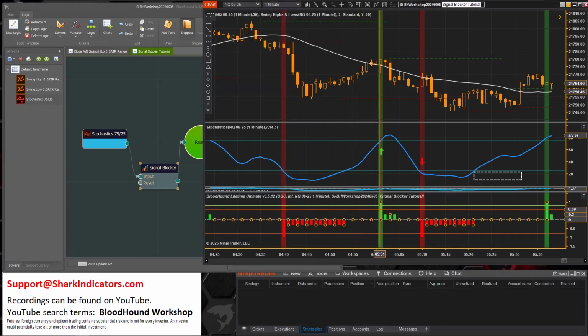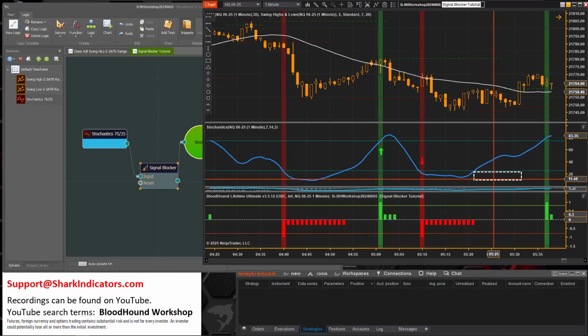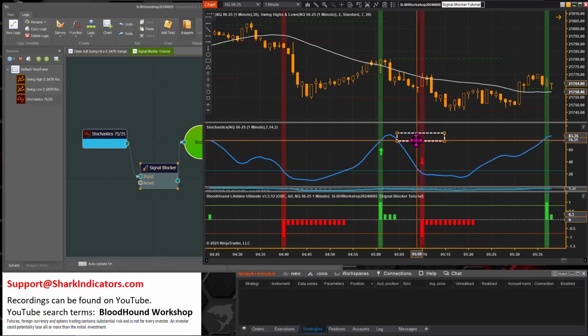So when that long comes in, the long signals are being blocked until there's an absence of long signals. So, no more long signals, so it reset the long blocking.